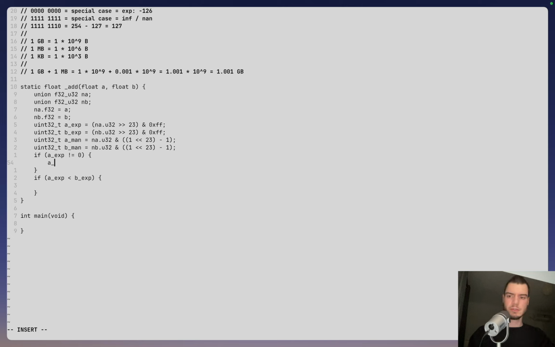So we need to OR our mantissa with 1 shifted to the left by 23. And the same thing for b.